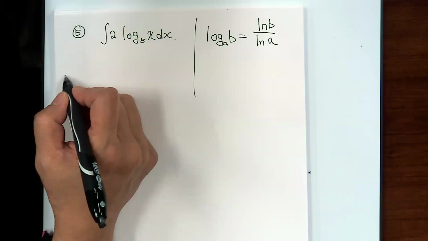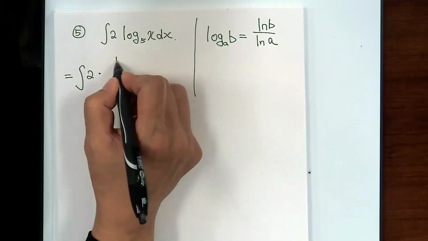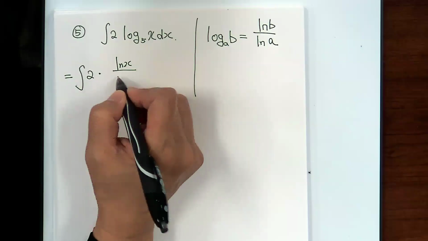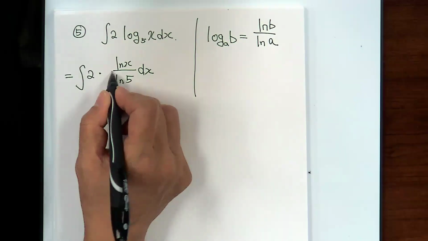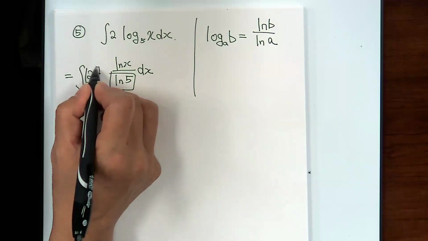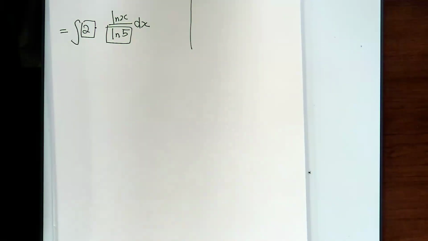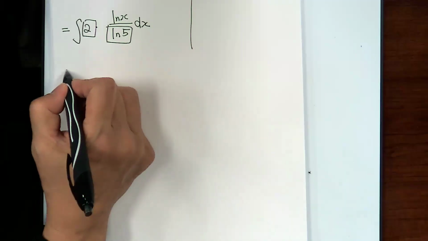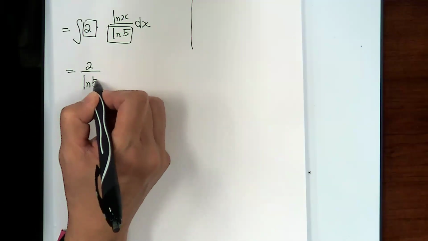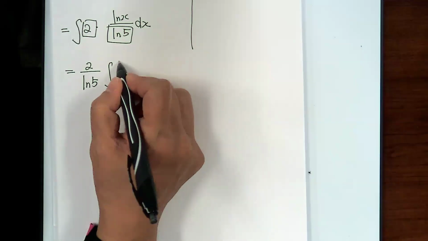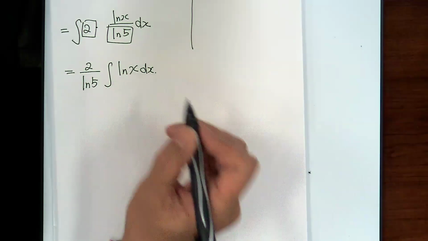So we can rewrite it as the integral of 2 times natural log of x over natural log of 5 dx. These two are numbers, so we combine and write them in front of the integral. So that is 2 over natural log of 5 times the integral of natural log of x dx.